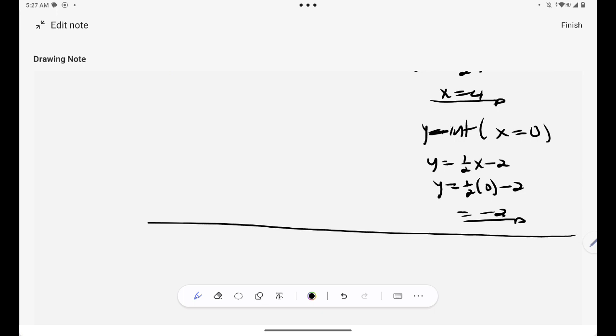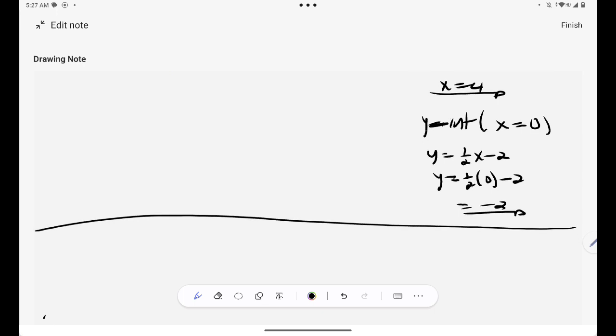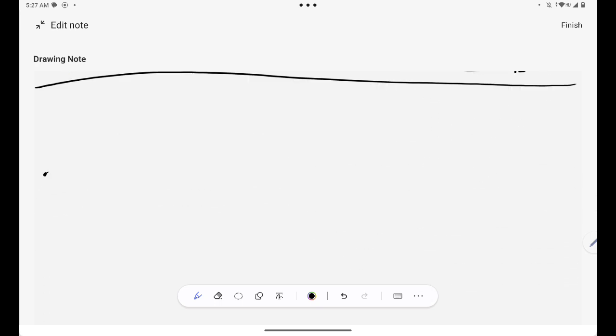Now let's look at a hyperbola. A hyperbola is a graph whereby you have two restrictions. Are we together? The horizontal and the vertical restriction.